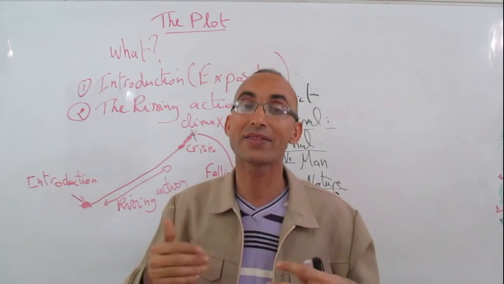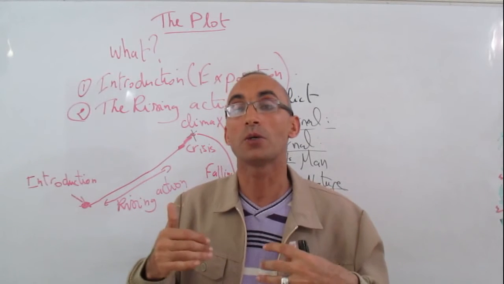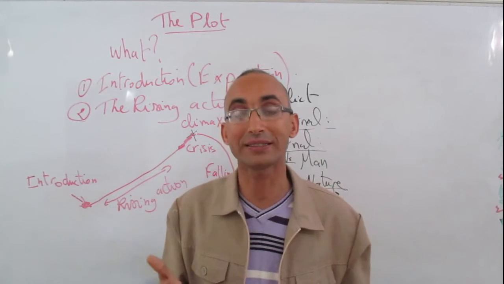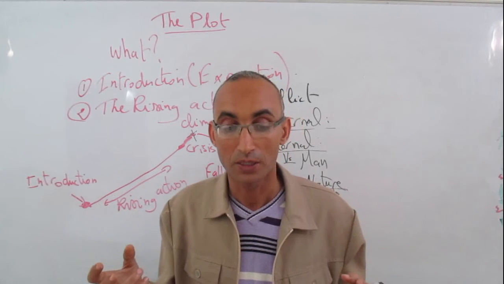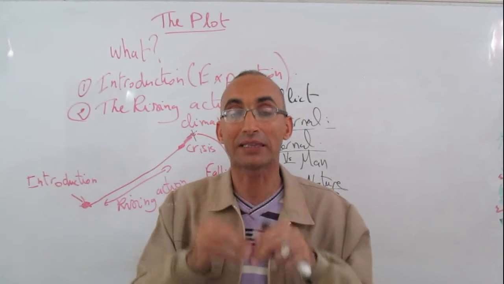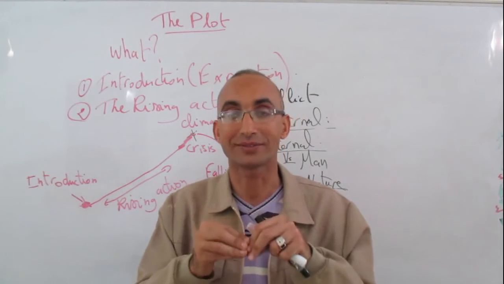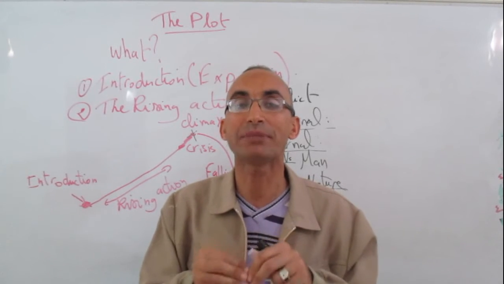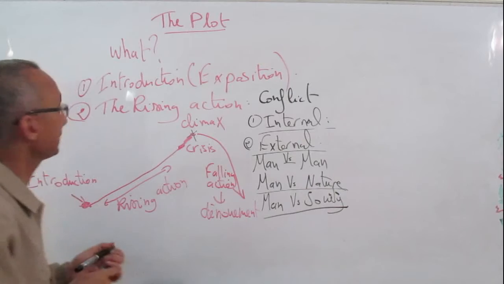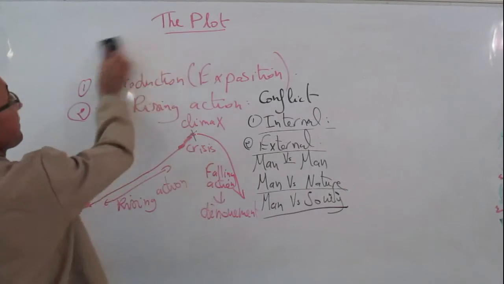Other writers, I said, violated and broke this traditional plot by starting from the middle of the course of actions. They start from the middle. This technique is called in media res.